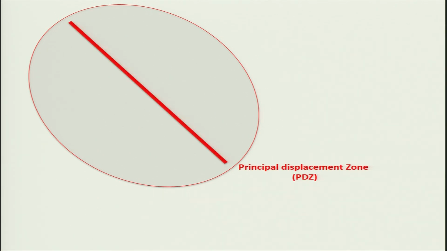You have the deformation zone, and you take the principal displacement zone, that is your fault, and if it shows the right lateral movement, then two definite types of deformation you will come across here.